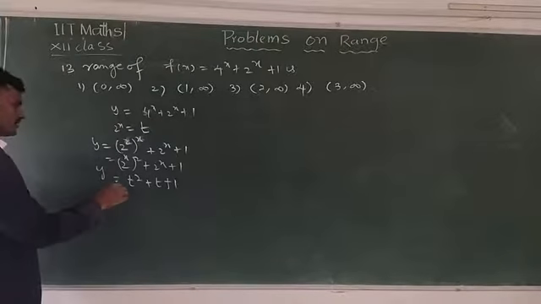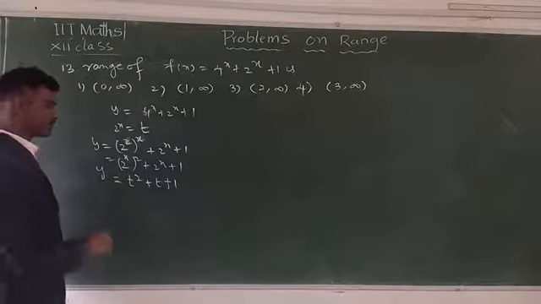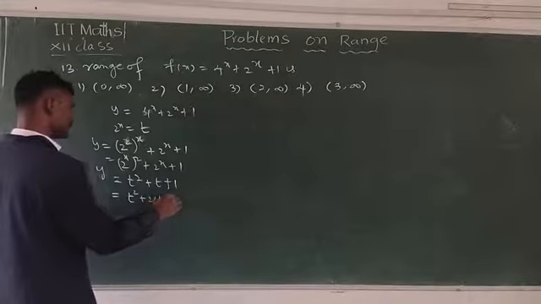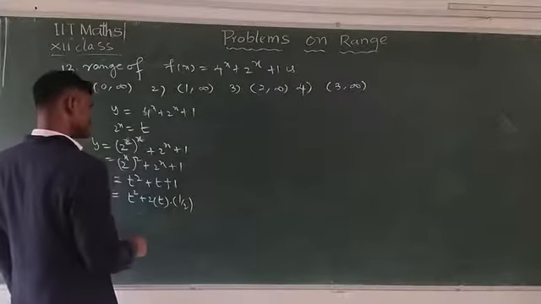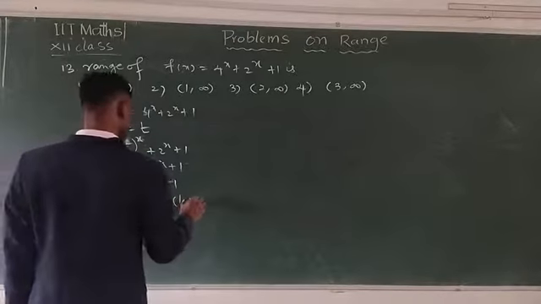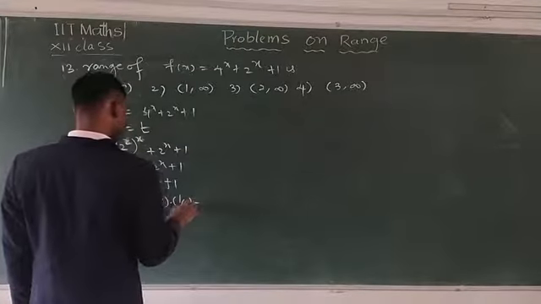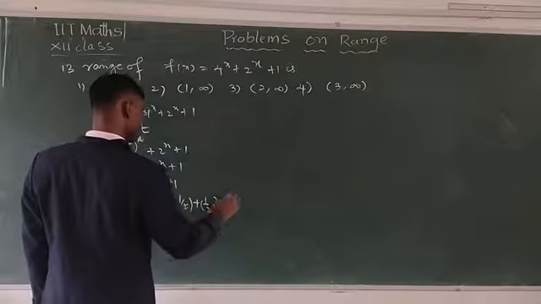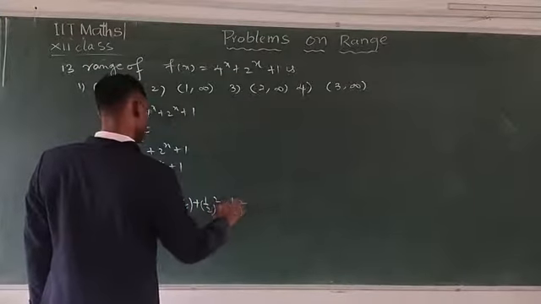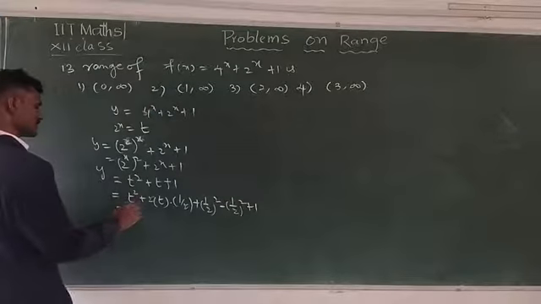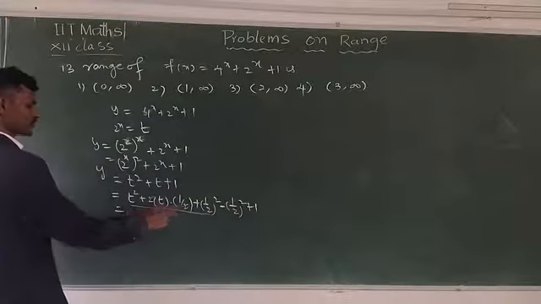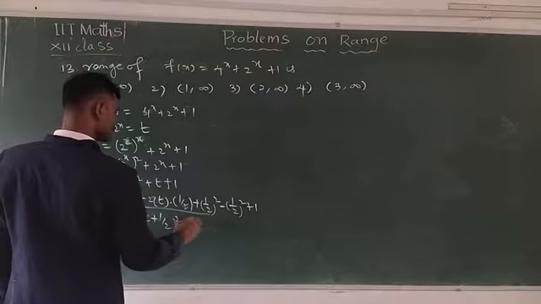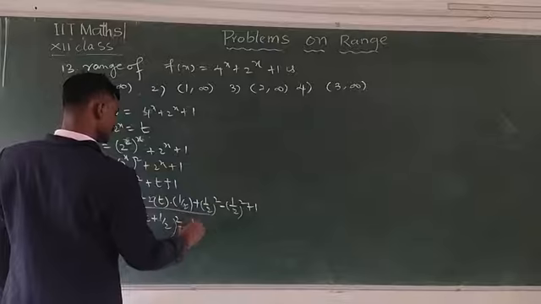Now write this using the (a + b)^2 formula: t^2 + 2 times t times 1/2, add 1/2 and also subtract 1/2. The 2 cancels, giving (t + 1/2)^2 - 1/4 + 1.